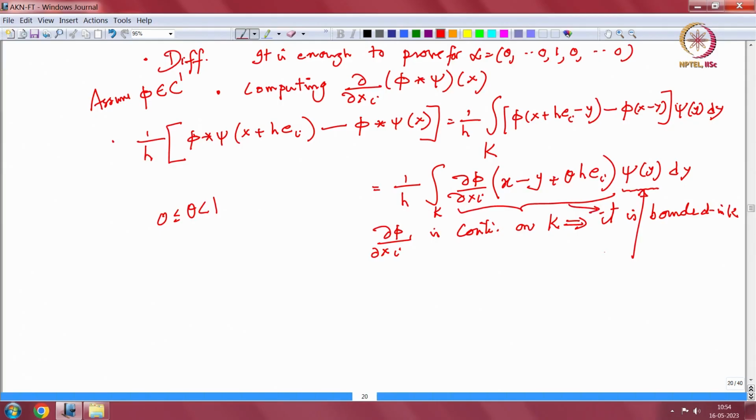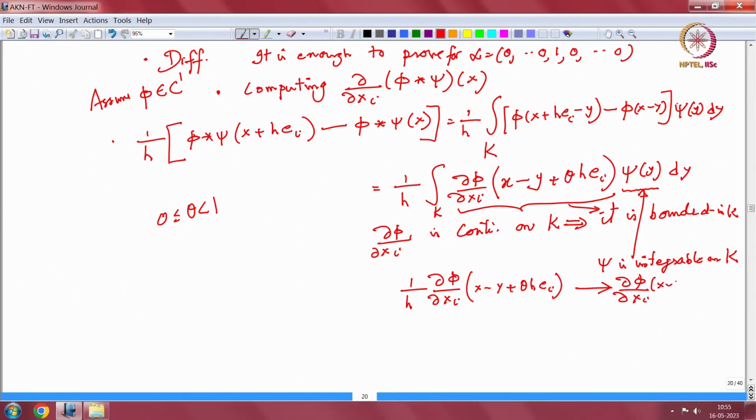This is bounded, psi is integrable. And this d phi by dxi at x minus y plus theta h e i will go to d phi by dxi at x minus y as h tends to 0, pointwise.